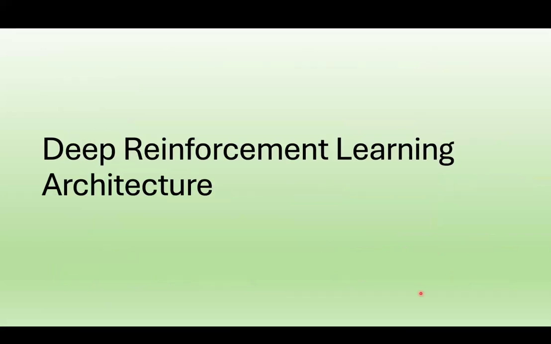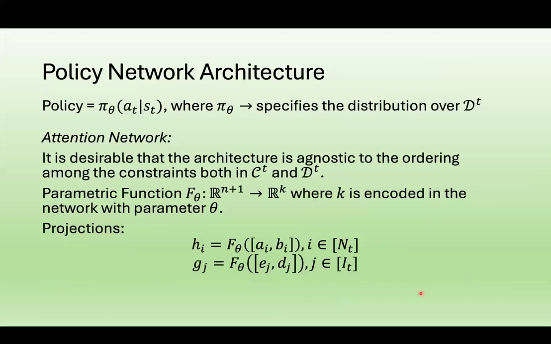Then moving on to the deep reinforcement learning architecture. So before talking about the granularities of this architecture, let's talk about the high level picture, what this architecture is trying to attain. So basically, we have a policy pi, which is parameterized by a parameter theta, and we want to find the probability of making a cut when present in a particular state.